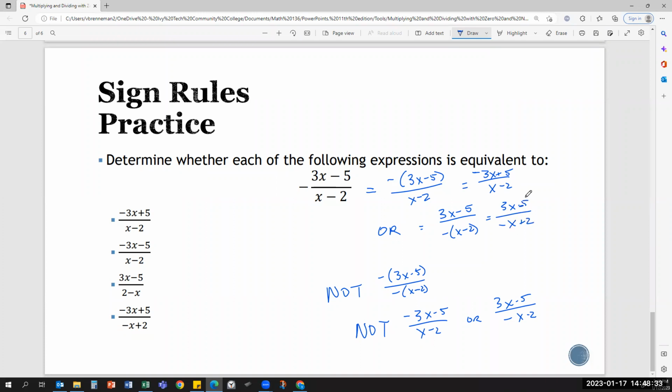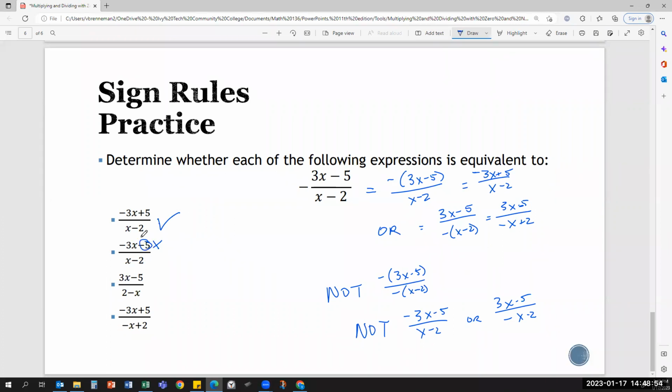Those are the correct possibilities, or just leaving it as is. So negative 3x plus 5 over x minus 2, that one's okay. Negative 3x minus 5 is not okay. That's one of the ones we said wasn't good.